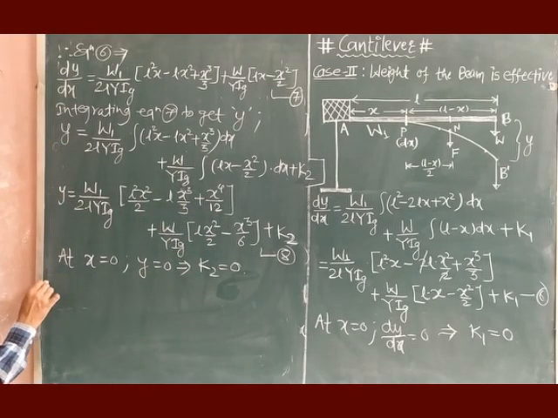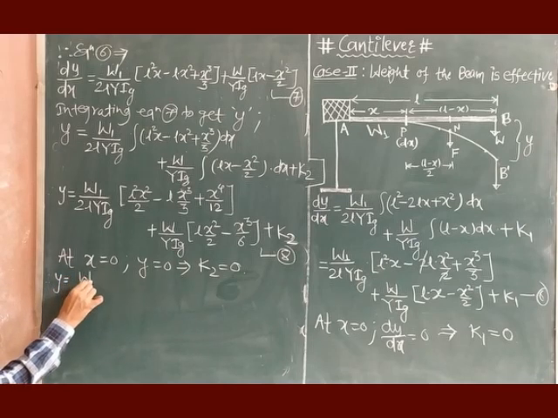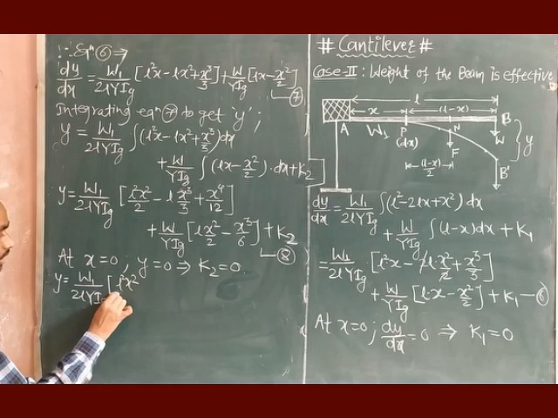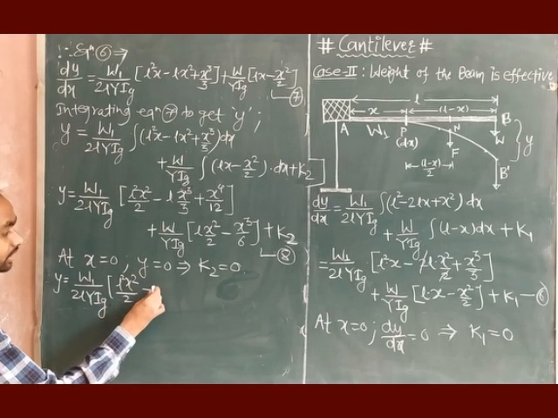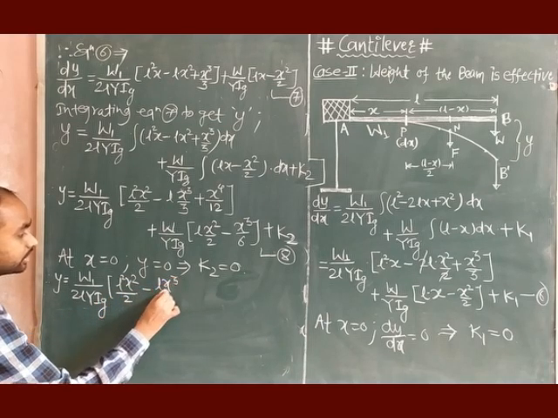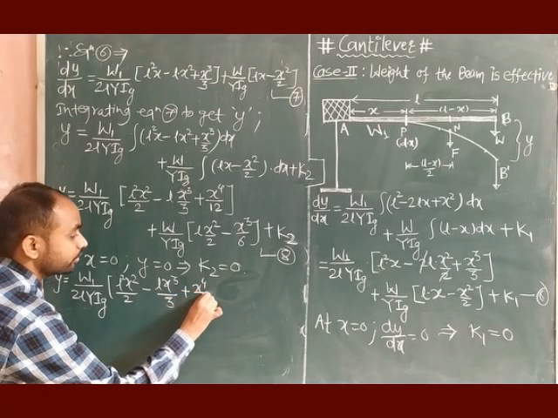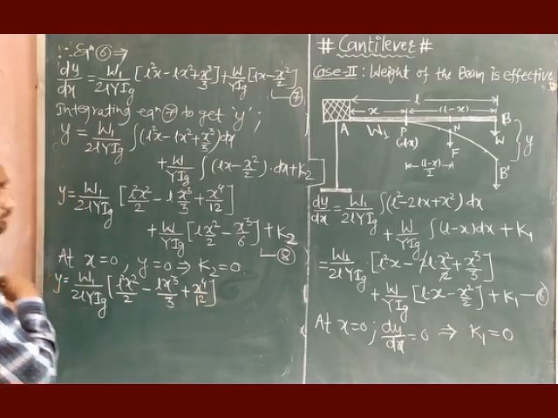Finally what we get, therefore the depression y is equal to W1 divided by 2LYIG in bracket L square x square divided by 2 minus L x cube divided by 3 plus x power 4 divided by 12. First term completed.